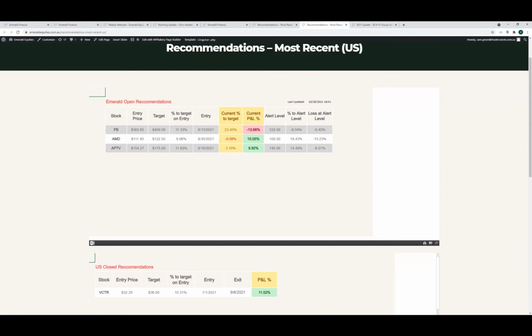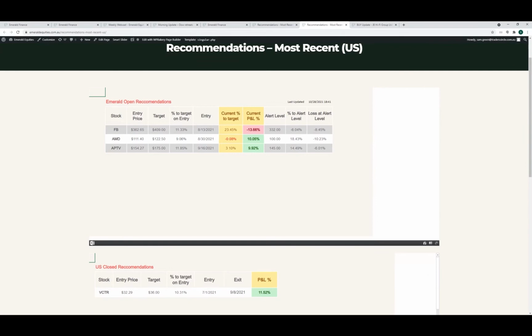It was very difficult for an individual to hold shares in Tesla or Facebook or Amazon, but that's definitely changing, especially since maybe the coronavirus period. There's been really big leaps and bounds made in trading accessibility for Australian investors.